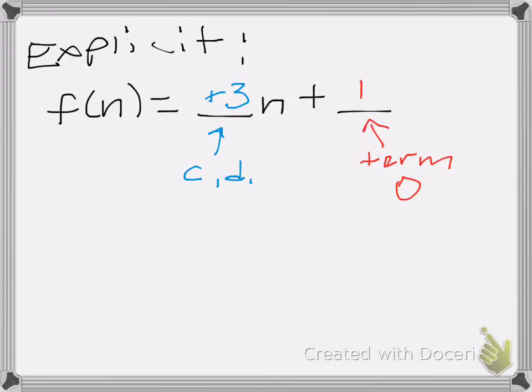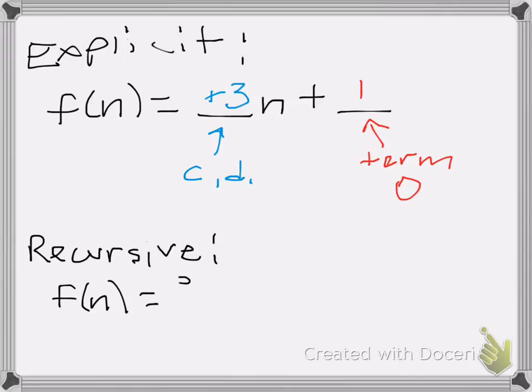So now to write our recursive, we had that f of n, which means the next term, is equal to f of n minus 1, which is the previous term, excuse me, plus or minus something, is what our notes say. So in this case, because we have a common difference of 3, we have a plus 3.